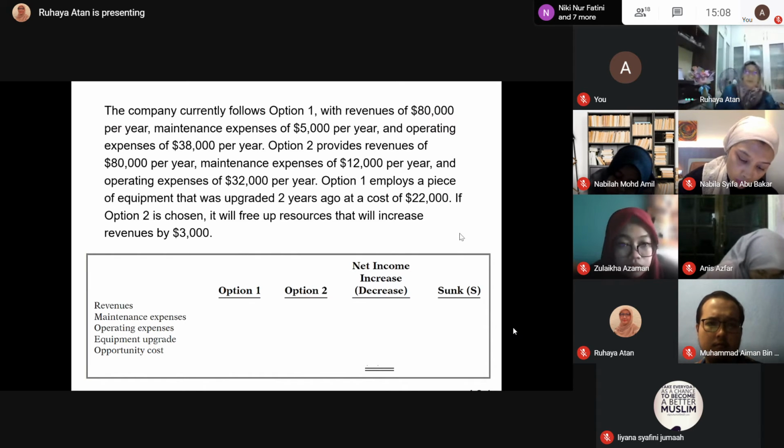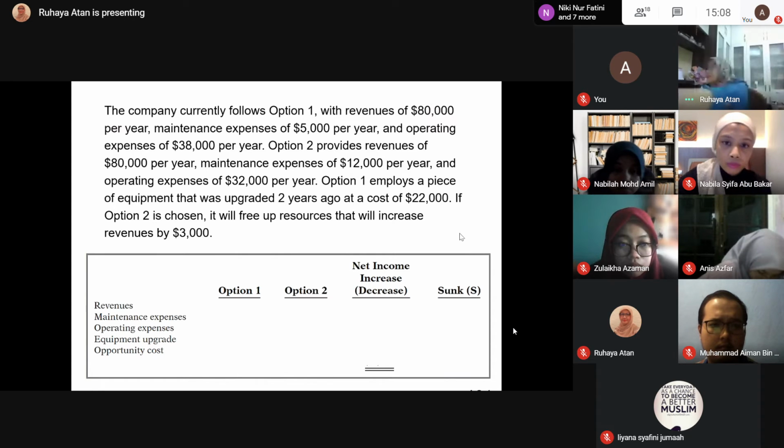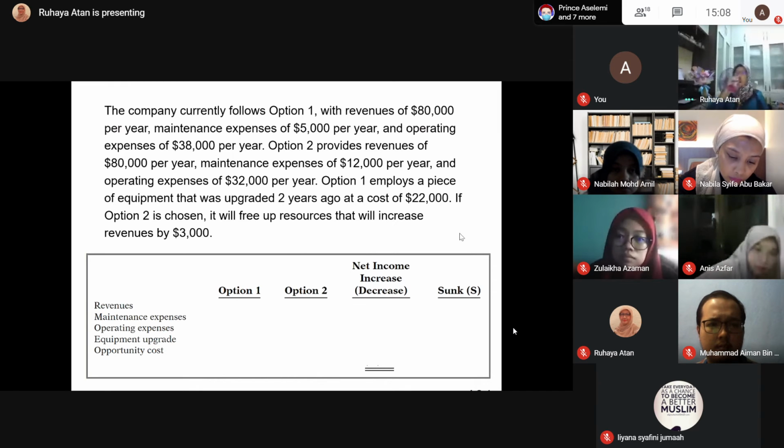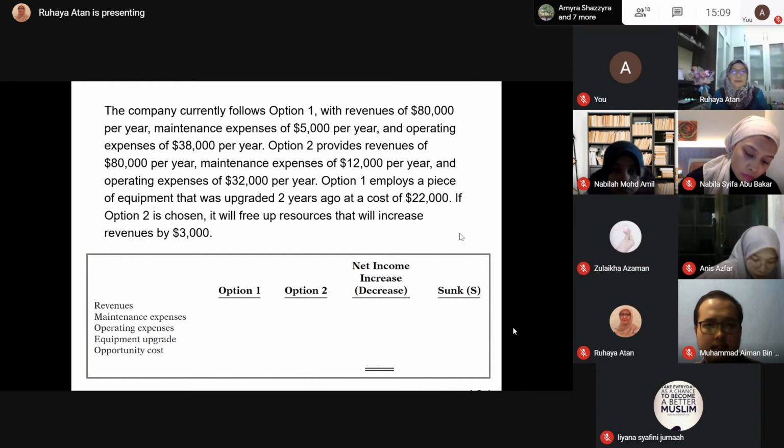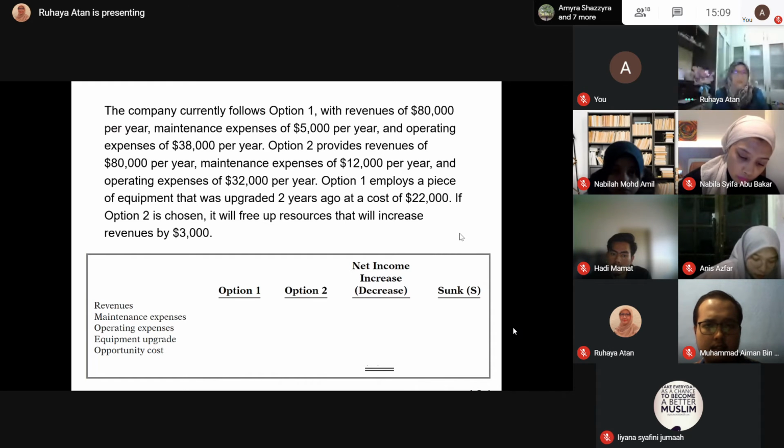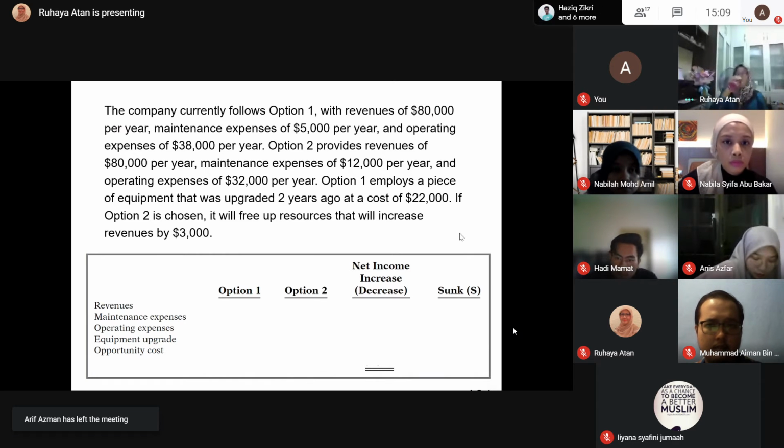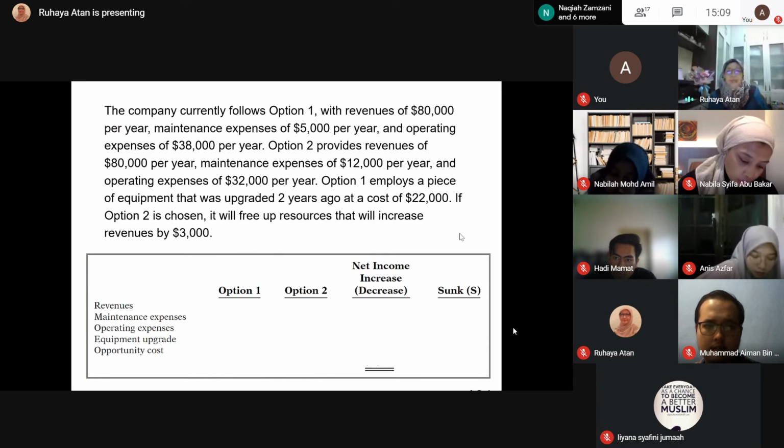Yeah. So fill up those columns and see what you get.